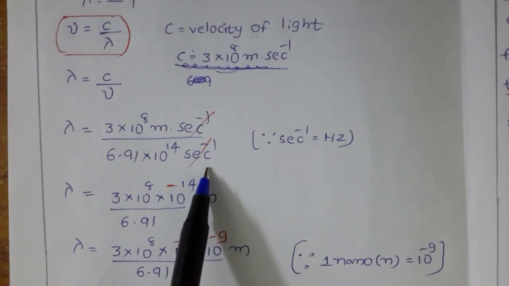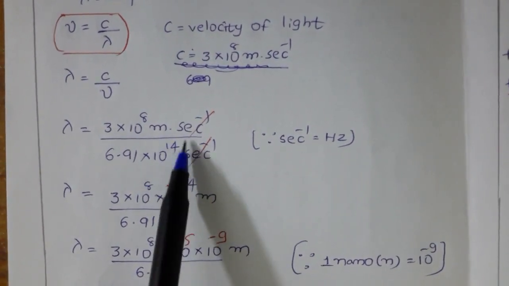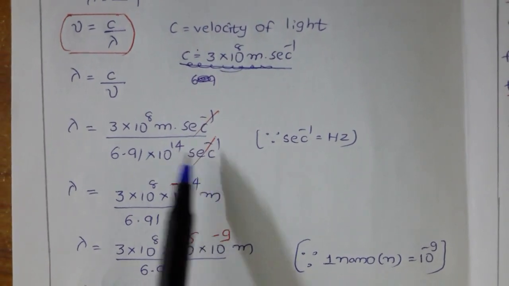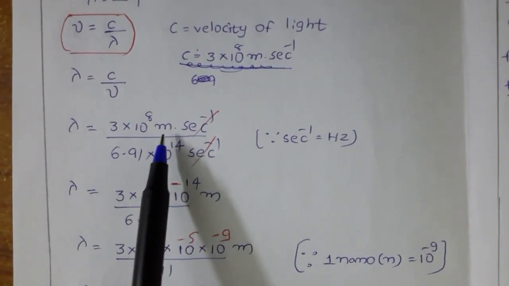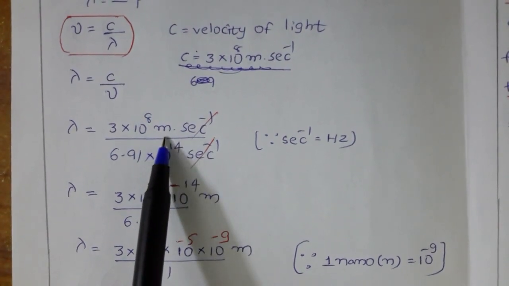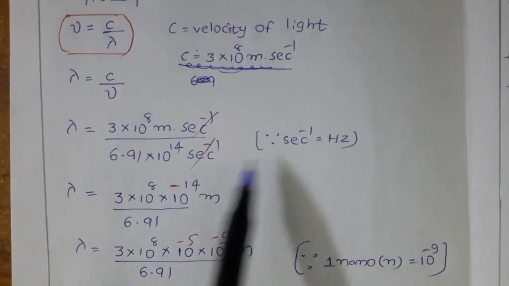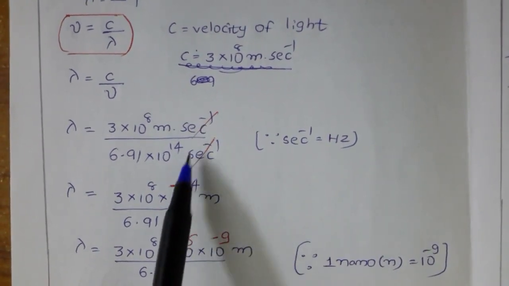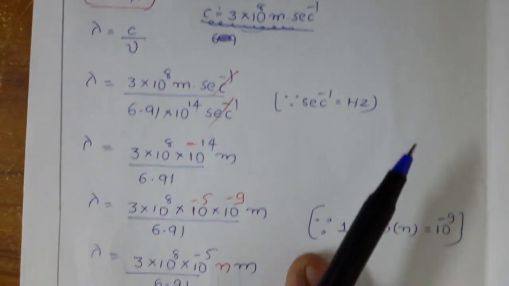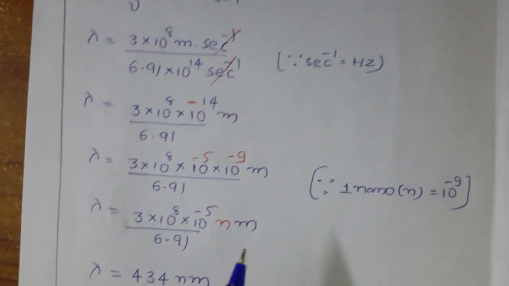Here it is Hz, but if I take Hz instead of second inverse, there won't be any cancellation of units. You know very well the lambda units are meters, centimeters, nanometers or angstroms. So instead of Hz, I took second inverse, so now second inverse will get cancelled, and the answer we have is in nanometers.